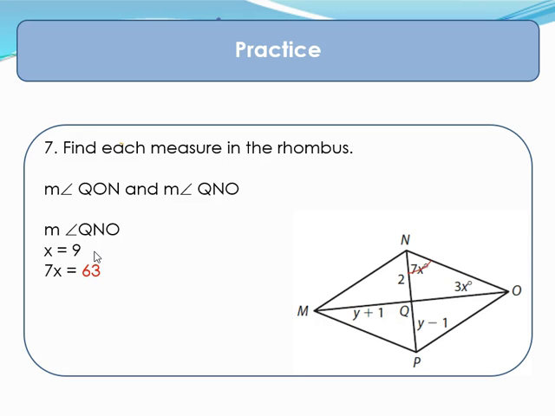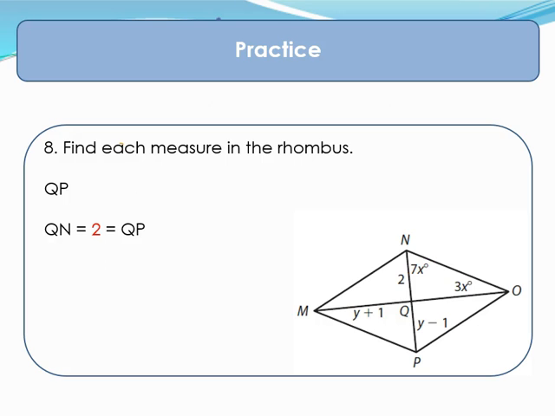So if this length, QN, is 2, QP will also be 2.